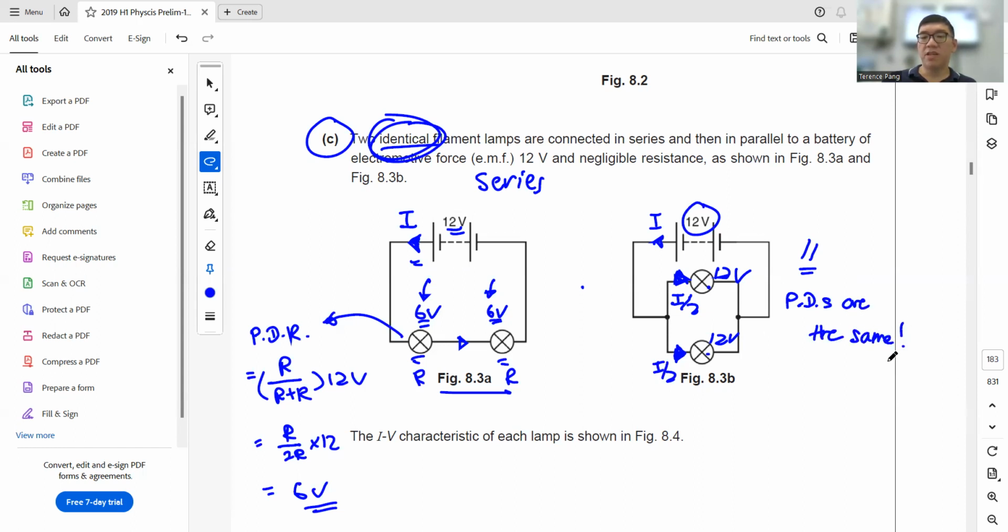The moment you are connected in parallel to the battery, whatever EMF the battery has, assuming that it is an ideal battery with no internal resistance, you will have the same potential difference as the battery. Which means that if the battery is 12 volt and you are connected in parallel to it, you as the resistor must have 12 volt.